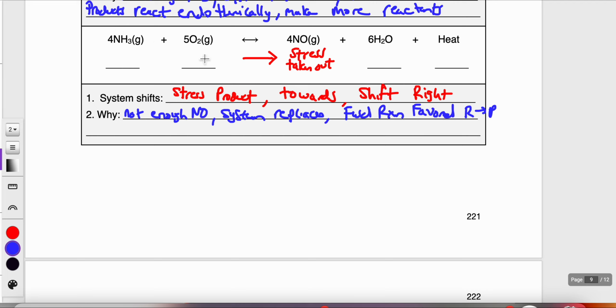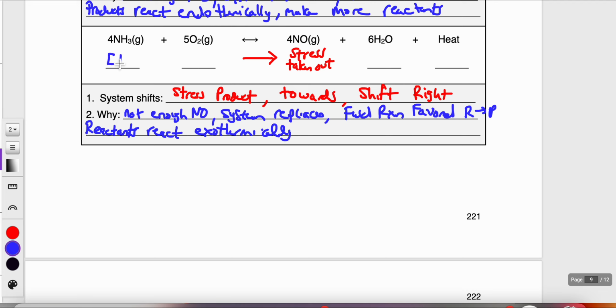So the reactants, which are NH3 and O2, react exothermically. If they are reacting, that means that they're being used.